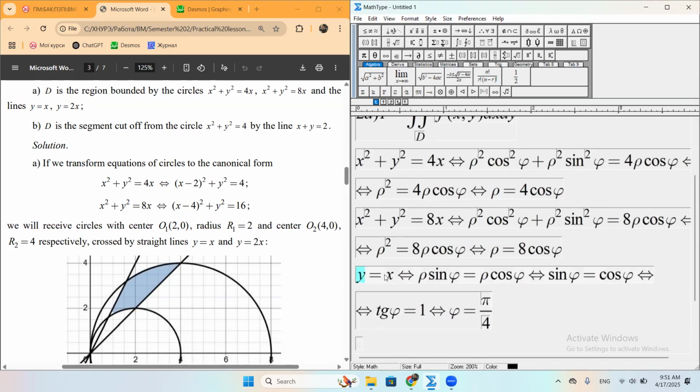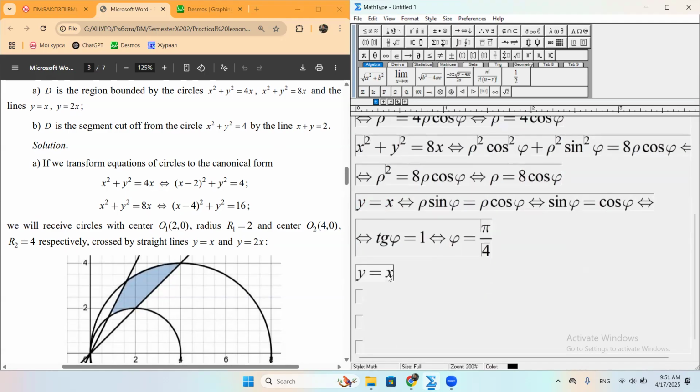Then analogically for y equals 2x, we do the same things, but don't forget about the coefficient: 2 cosine of phi. We can easily divide by rho because it's not 0.